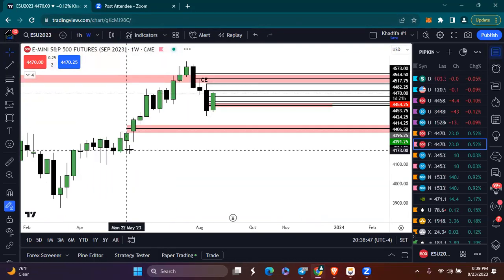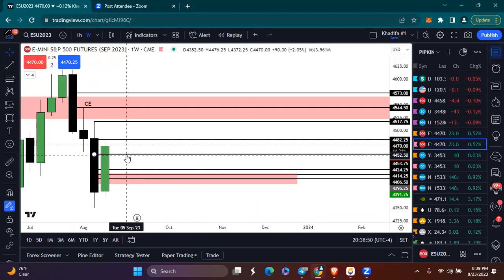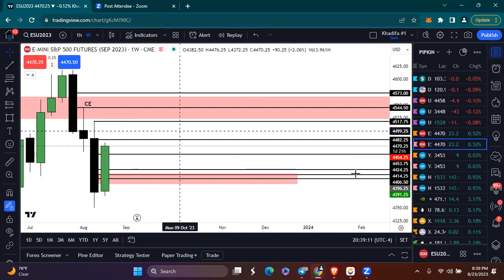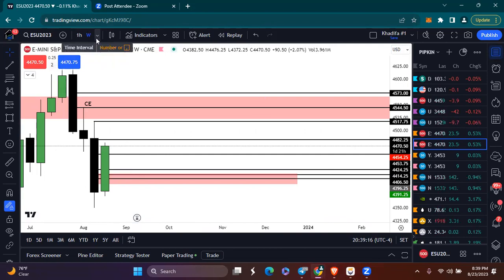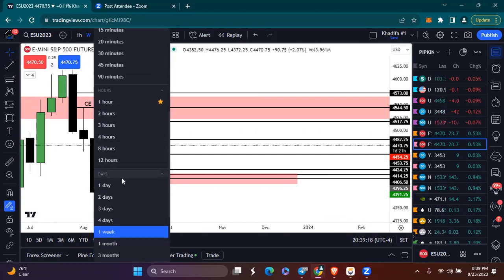Beautiful, beautiful, beautiful. You see, today we ran into last week's PD array level here, that lower premium array level right here. Tomorrow, I expect us to go ahead and reach that upper premium level. And if we break above it and close above it, then I want to see us run last week's buy side liquidity. Let me look at the daily.